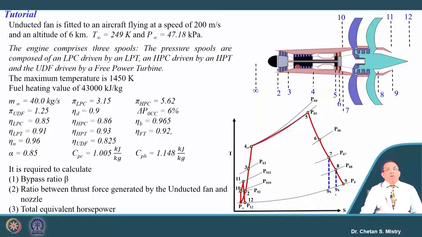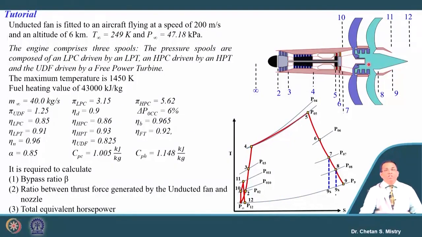So, for the core engine we have a 2-spool configuration. It also says the power turbine is used to rotate the unducted fans, so this is our free turbine. No information is available on whether it has a nozzle or not, but still let us put a nozzle at the exit.